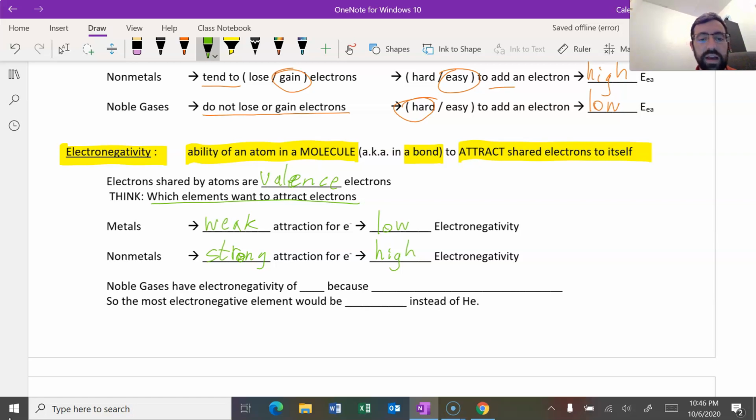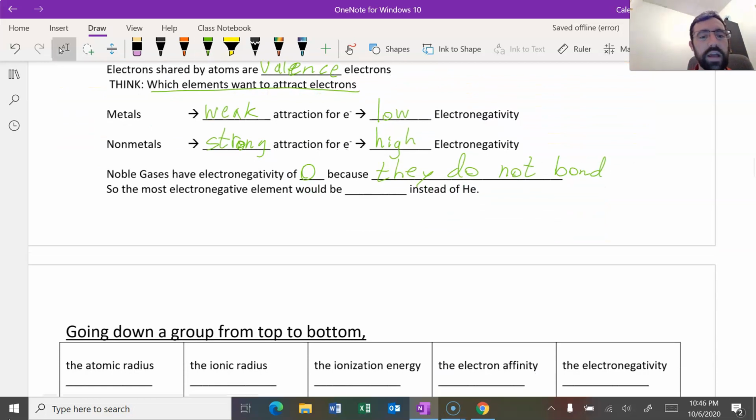Noble gases have an electronegativity of 0 because they do not bond, with very few exceptions. So the most electronegative element wouldn't be helium, even though that's top right. The most electronegative element would be fluorine, or F.